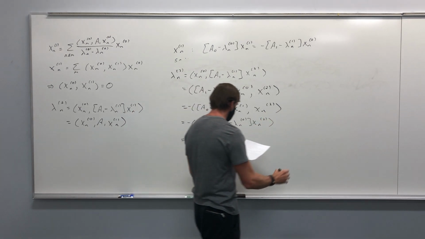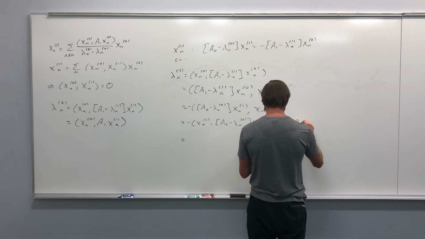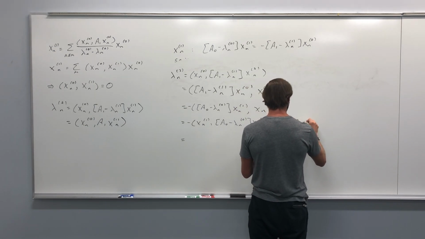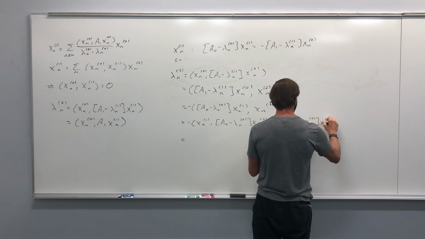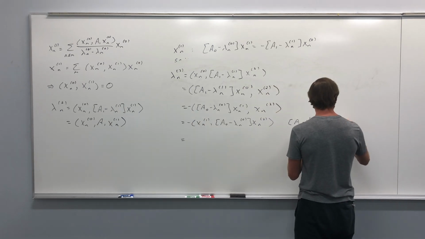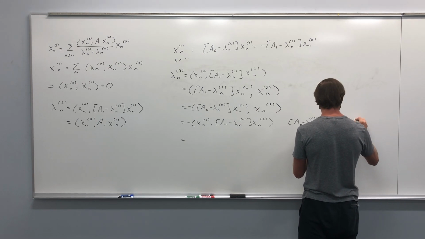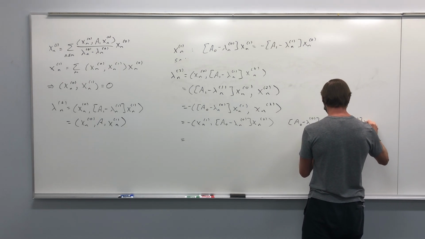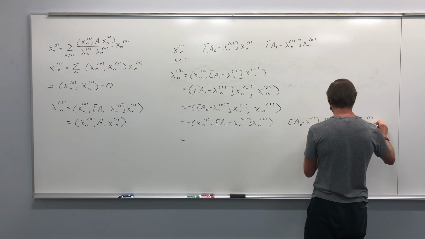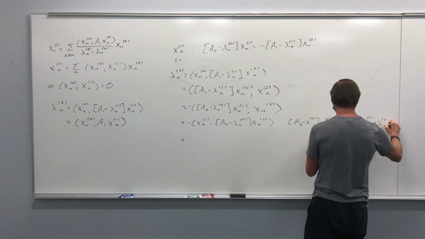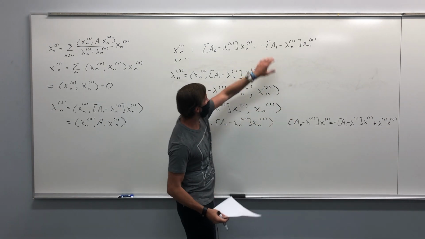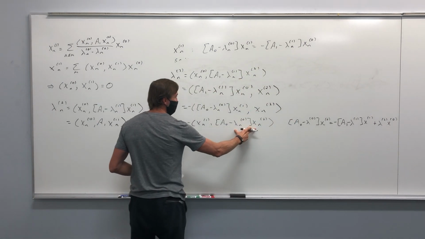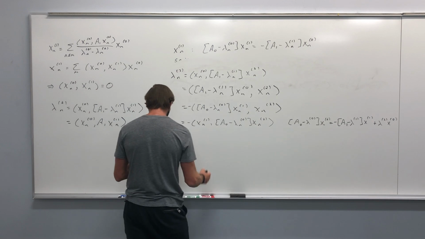And now we can use the higher order expression that (a0 minus lambda 0) on x2 is minus (a1 minus lambda 1) on x1 plus lambda 2 x0. That's just a higher order version of this to replace this with this.